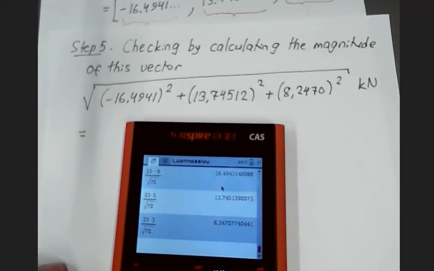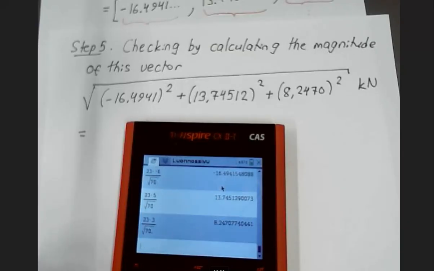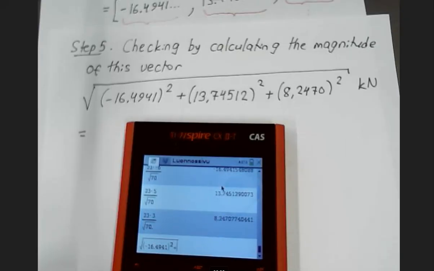Of course, we may be quite sure that this went correctly, but let's see. I will take the square root. I will show this just to show that if we are using those rounded values, then we will not get exactly the correct answer, but we can see that it will be almost correct.